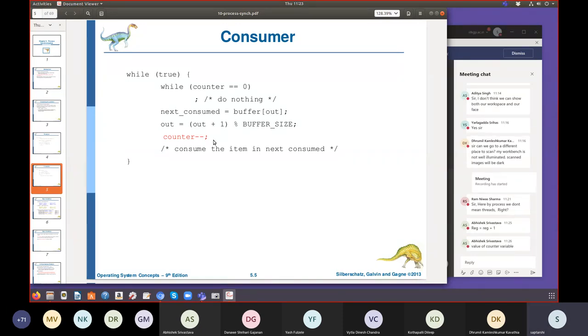Yeah, but Abhishek, how will that happen? As in, you have to do it, right? So the thing is, this counter plus plus or counter minus minus, we write this one statement in a high level language. But when it gets translated to assembly language, will it be one instruction only or a set of assembly language instructions?